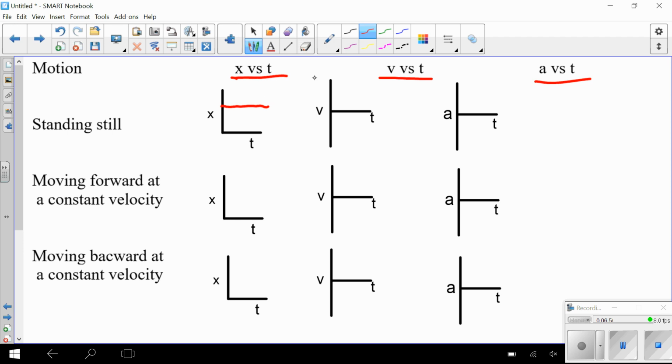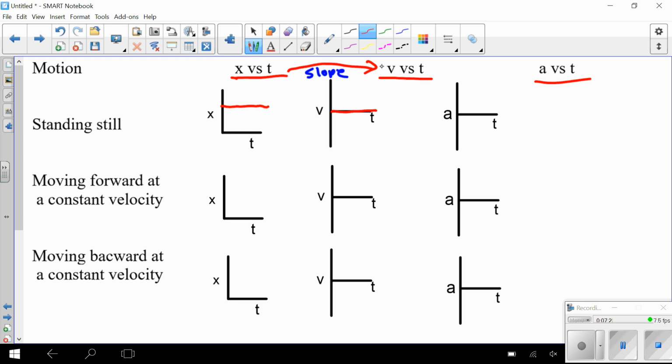If we're trying to find velocity from the position graph, we know that the slope of this graph gives us the velocity. So to go from here to here, we need the slope. If I look at this, it has a slope of 0 the whole time.